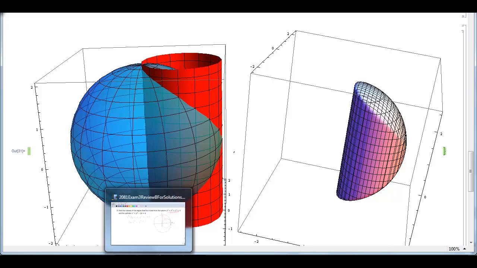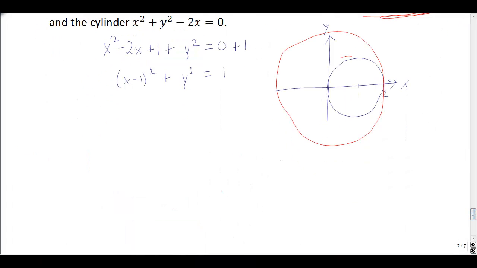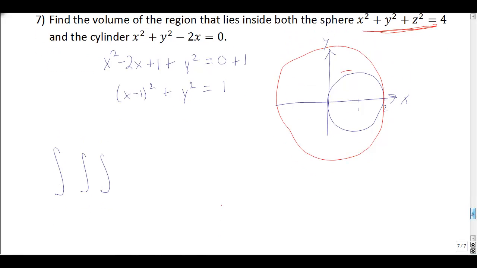Okay, so let's set up our integral. I'm going to do a triple integral, in cylindrical. We're finding volume, so we're integrating 1, but then our Jacobian in cylindrical is r. I'm going to do this dz, dr, d theta. Now z goes from the bottom of the sphere to the top of the sphere.